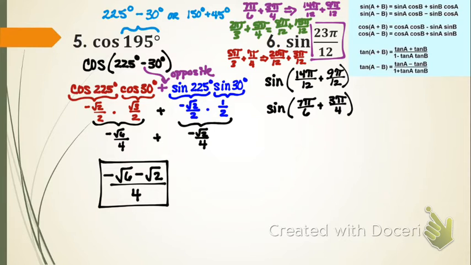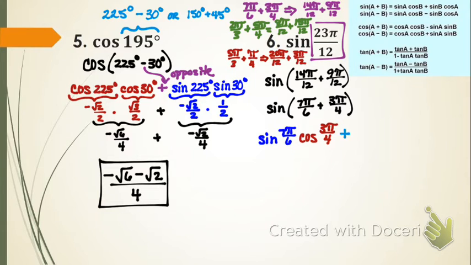Do the sine addition and subtraction formulas start with sine, sine, like cosine does? No, the sine ones look like what? Sine and then cosine. So it's going to be sine of my first angle, 7 pi over 6, times cosine of my second angle, 3 pi over 4. Tell me about the operator in between.